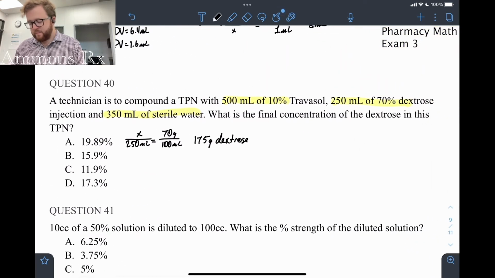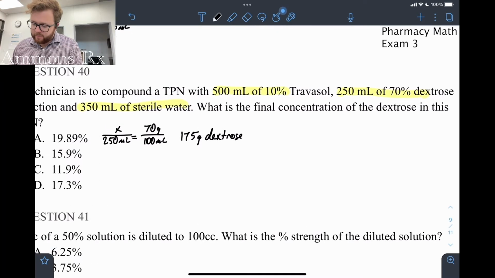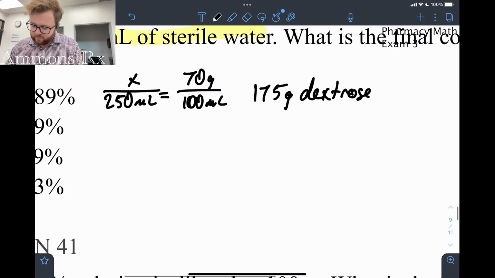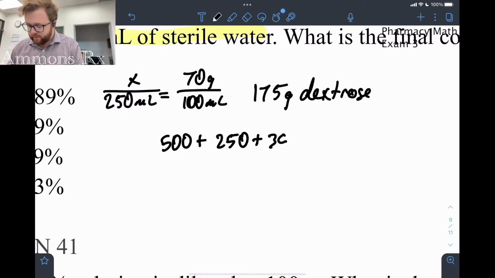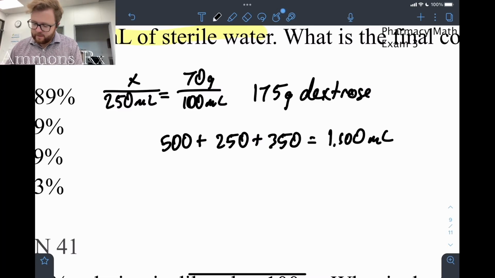Final concentration. Okay, so this has to do with the final volume, right? Because we have 500 plus 250 plus 350 is 1100 mils. That was supposed to be a 1.